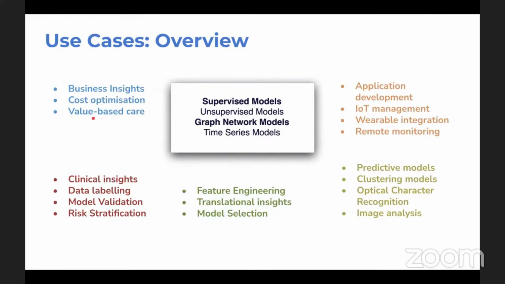So models can also be used for risk stratification, identifying high-risk patients and catering to them more frequently, so that the care is of more value, and that serves the purpose of the insurance companies also. Clinical insights, data labeling, model validation, risk stratification. So these are some use cases.